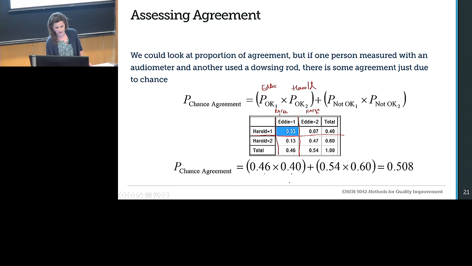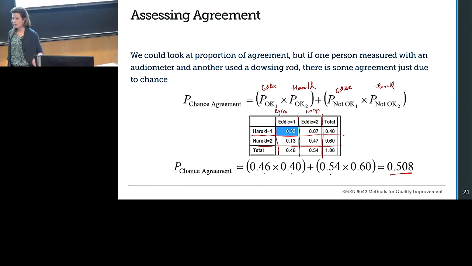That goes right here. Then I can look over here and say, all right, what did Eddie say about what wasn't okay? So for Eddie, number 2, he goes down here and says, okay, 54 of those I say were not okay. That goes in here. And then Harold said 60 of these are not okay. And that goes down here. And so if I multiply those together and add the multiplication of those two together, this gives me my proportion of chance agreement.